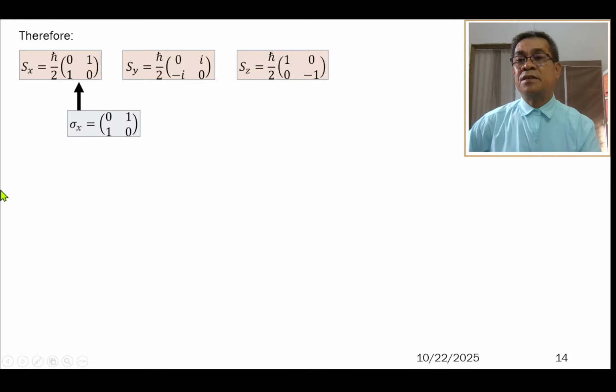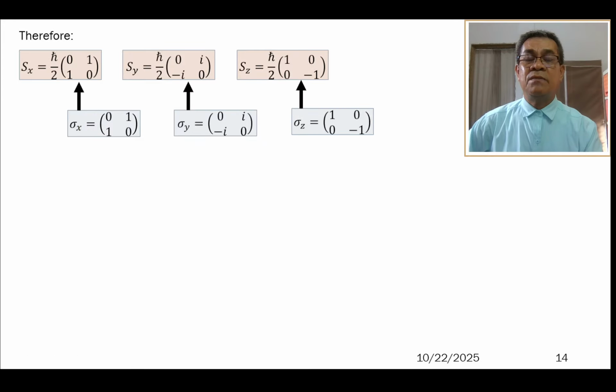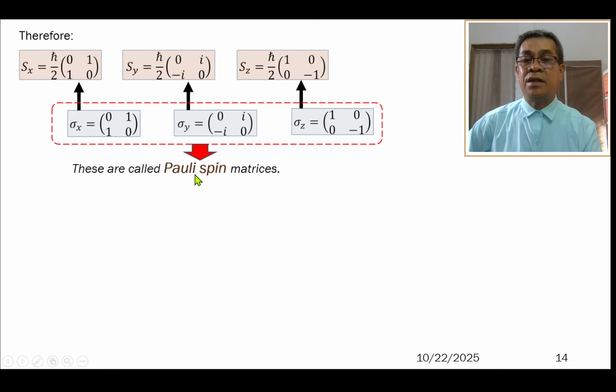Now, take note that these are 2 by 2 matrices. Let this be omega x, this one omega y, and that omega z. So we have these 2 by 2 unitary matrices, and we call these the Pauli spin matrices. If you multiply the Pauli matrix along x by ħ over 2, then we have the x component.